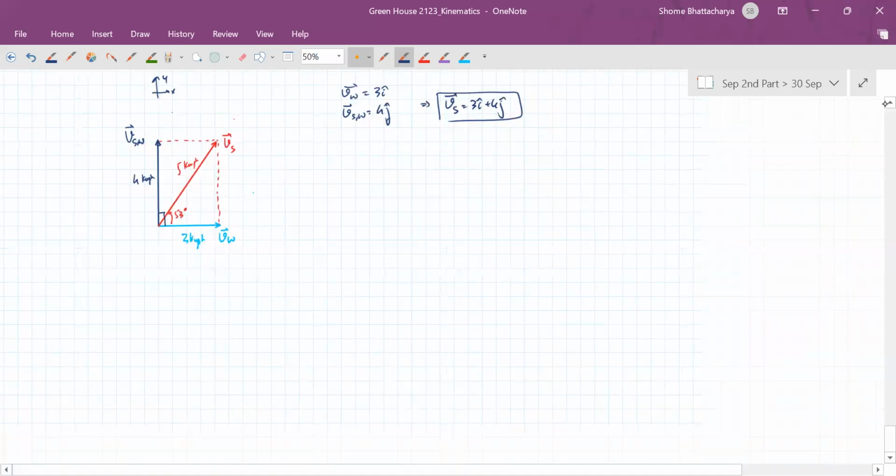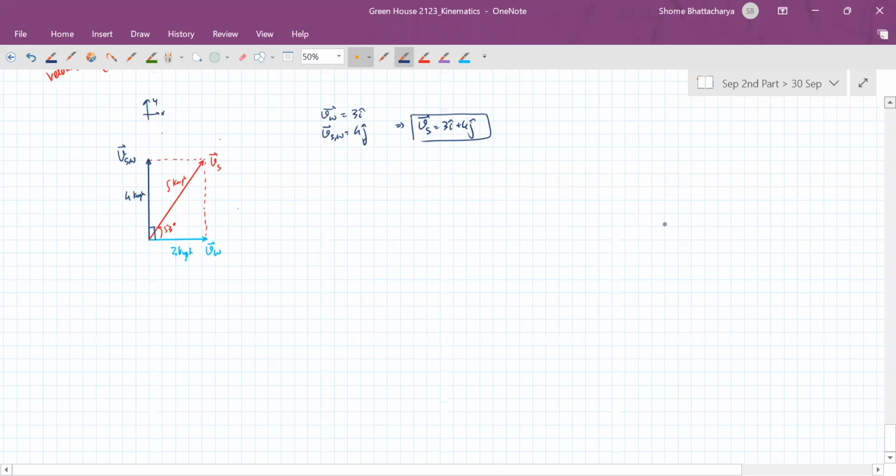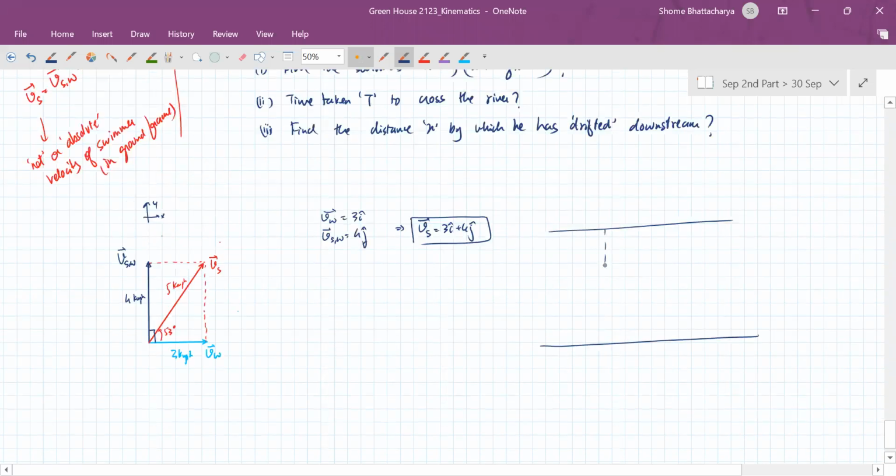so what then happens is that the swimmer ends up moving along a path which is like this at 53 degrees. If he drifts by distance x, when he reaches here at time capital T, the displacement should be equal to the velocity into time.